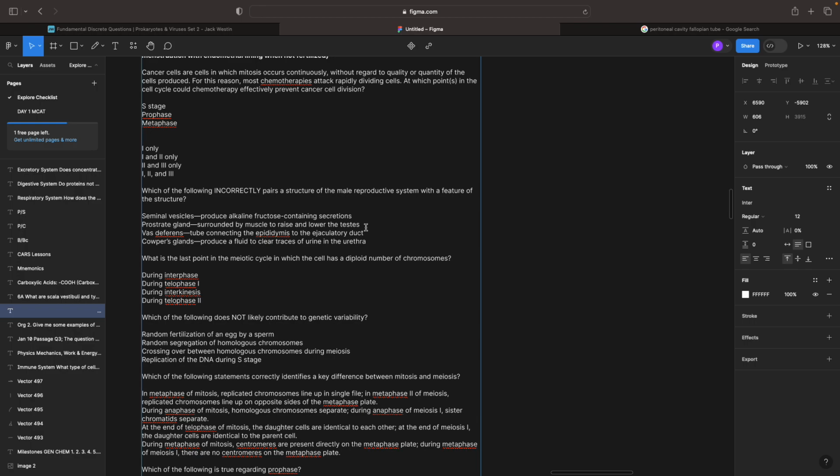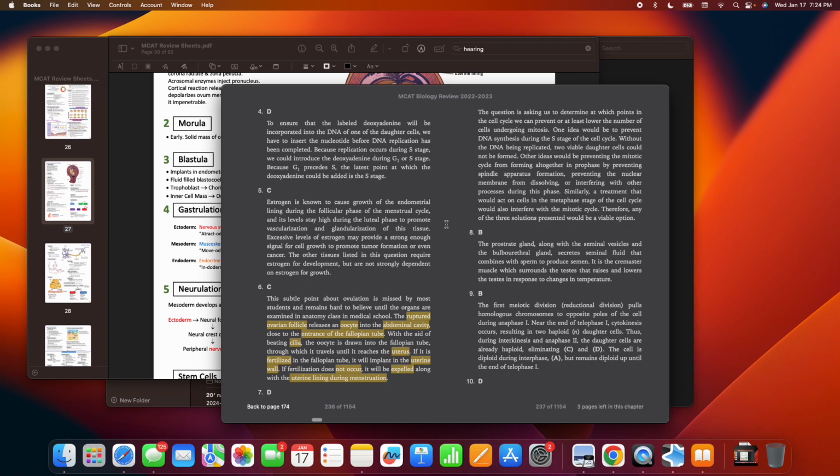So we have the prostate gland, along with the seminal vesicles and bulbourethral gland, secretes seminal fluid. They do this seminal fluid, which combines with sperm to produce semen. It is the cremaster muscle which surrounds the testes that raises and lowers the testes in response to changes in temperature. Interesting. It's the cremaster muscle.